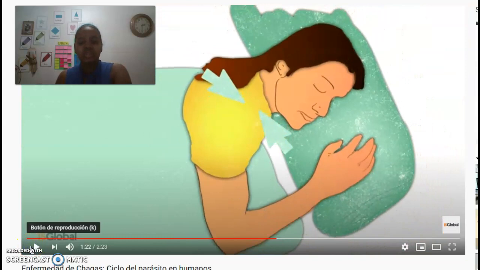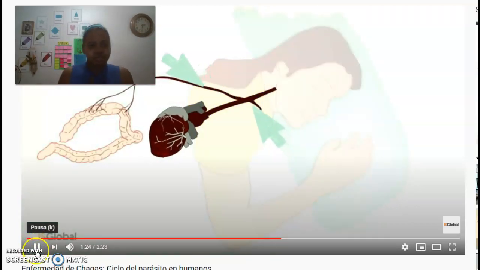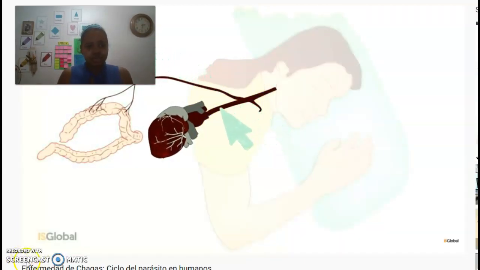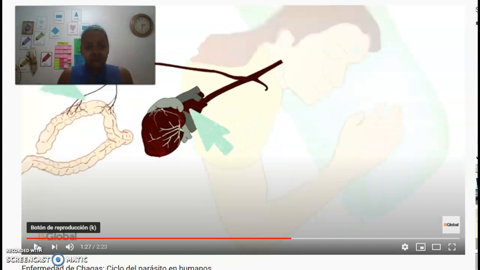And they travel inside our body through our blood, because you already know that we have blood in all our body. And they travel until our heart.